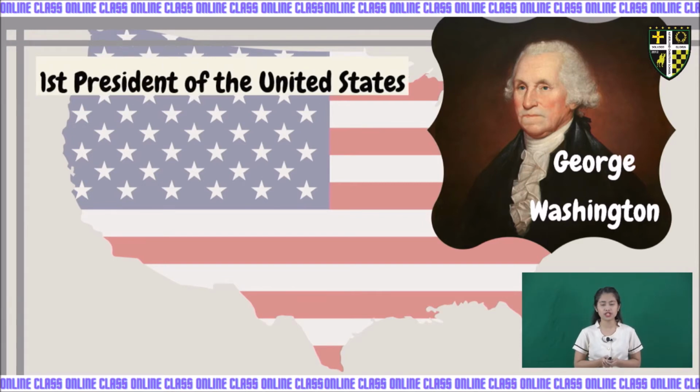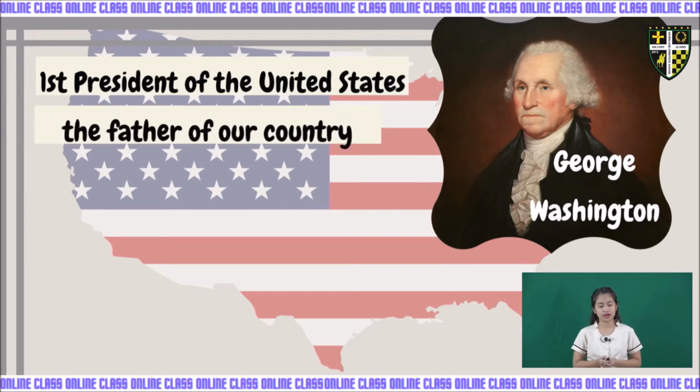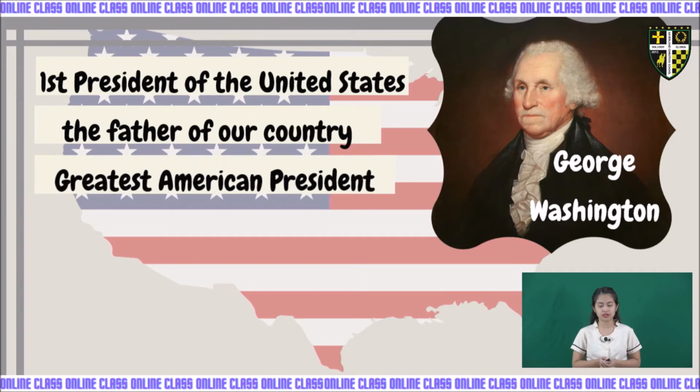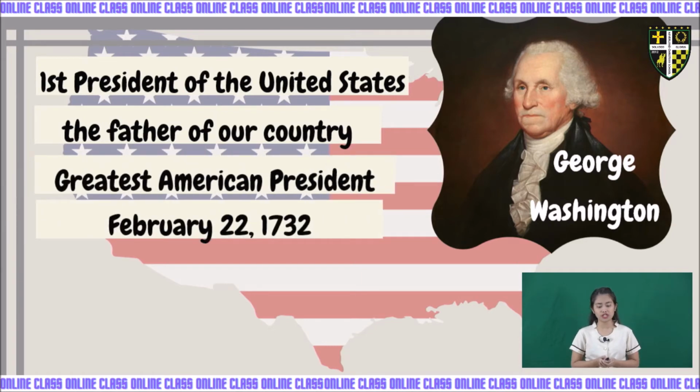George Washington was the first president of the United States and the father of our country. Americans call Washington the father of our country, and he was born on February 22, 1732. Even when he was a president, Americans celebrated his birthday every year.